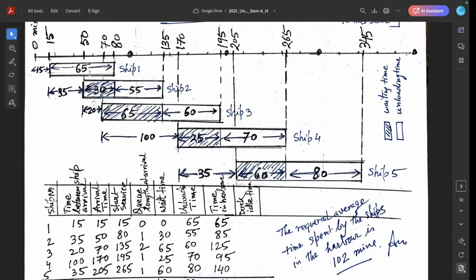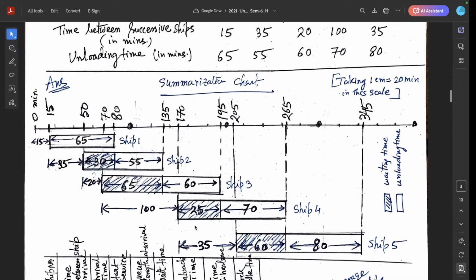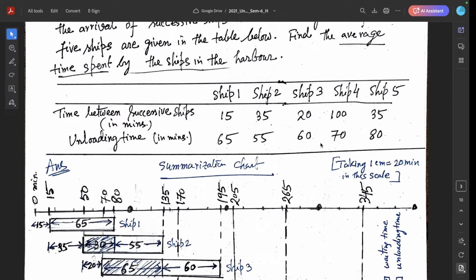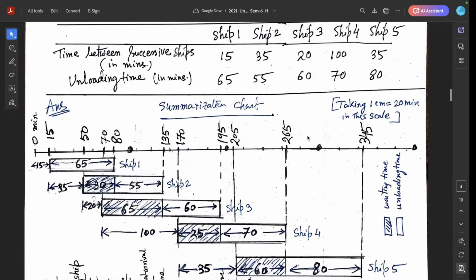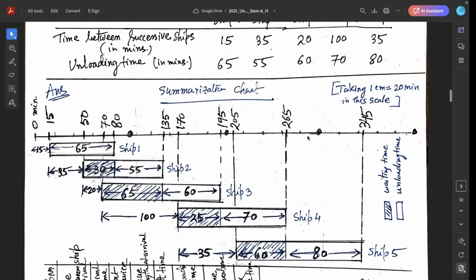Waiting time: the first ship has no waiting time, 0; the second ship 30 minutes; the third ship 65 minutes; the fourth ship 25 minutes; and the fifth ship 60 minutes. The unloading time column is equal to the second row of the given table.